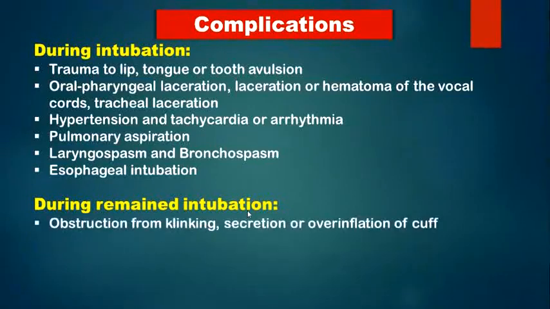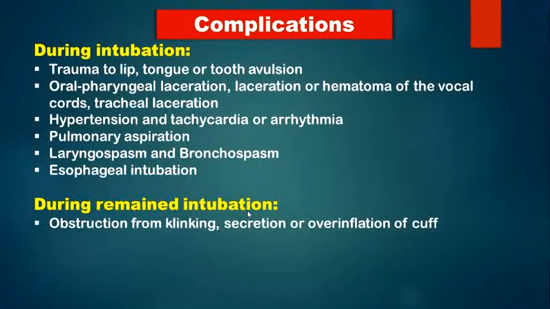Obstruction. Obstruction comes from kinking of the tube, or there is more mucus secretion, sputum forming, or overinflation of the cuff. In the cuff type, overinflation may cause obstruction, not upper airway obstruction but at the level of the trachea, I mean.